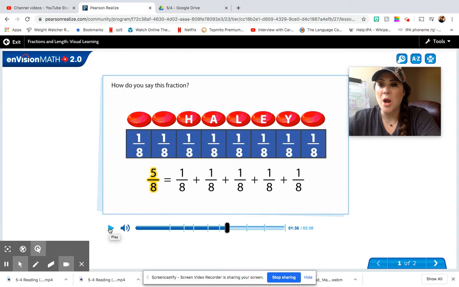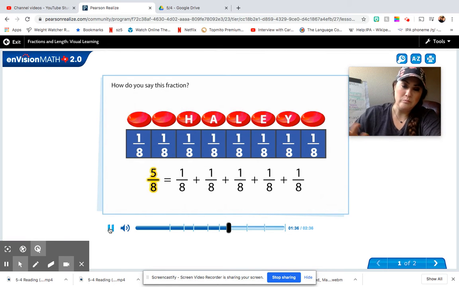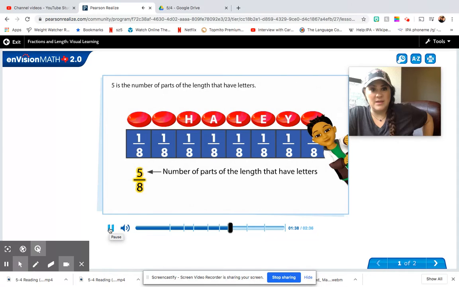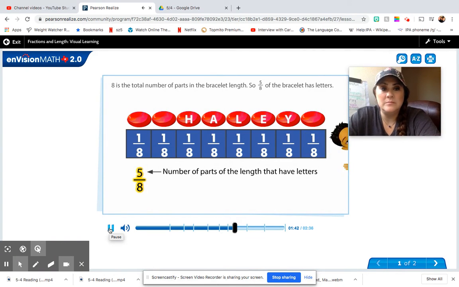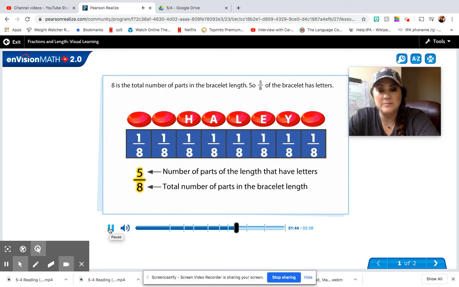Okay, remember, we practiced that terminology when we were learning fractions. Okay, 2 is halves, and then we go to thirds, fourths, fifths, sixths, sevenths, eighths, ninths, tenths, and so forth. 5 is the number of parts of the length that have letters. 8 is the total number of parts in the bracelet length. So, 5/8 of the bracelet has letters.